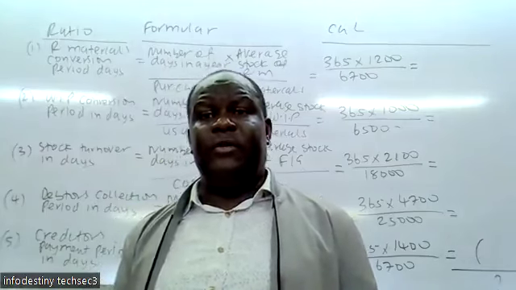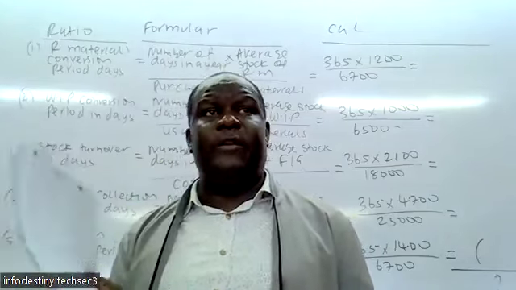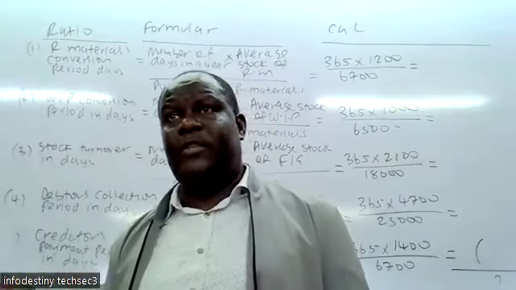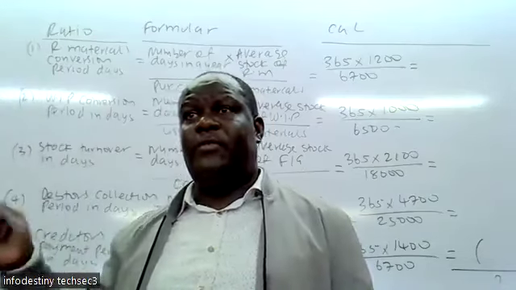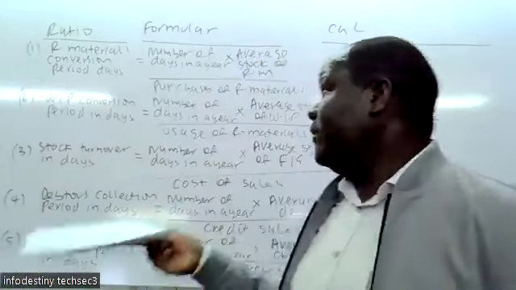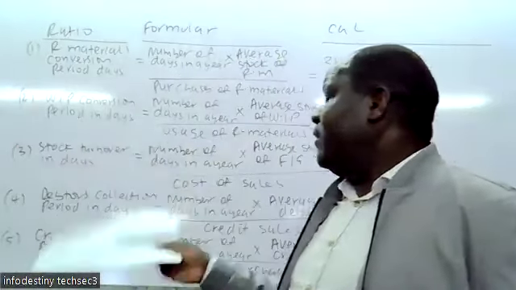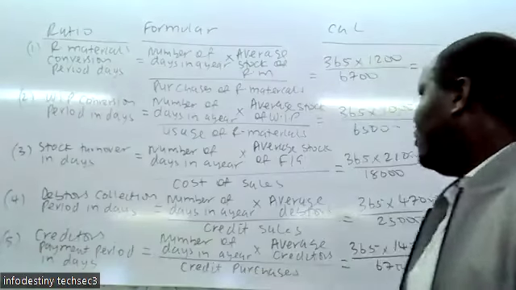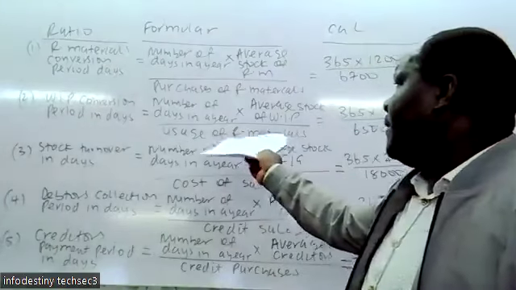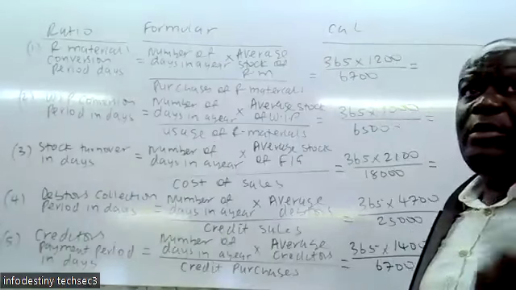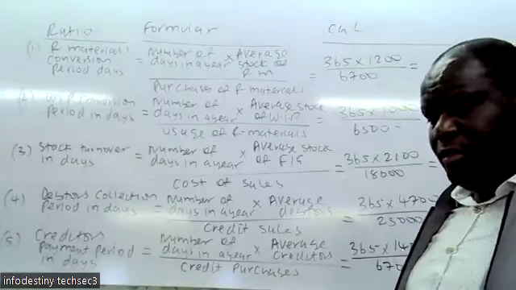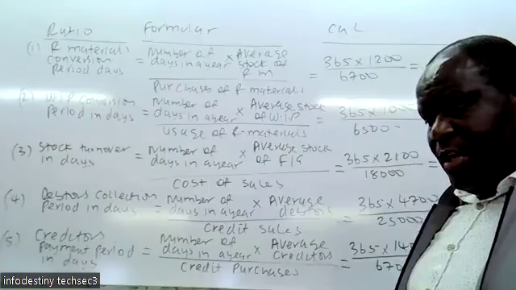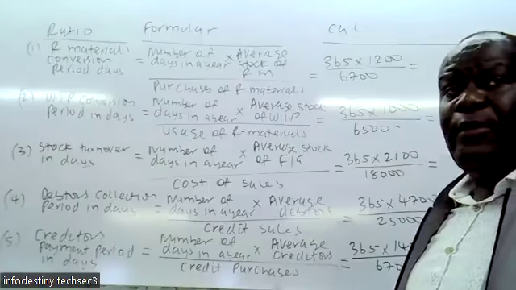Then you are supposed to divide by the usage of the raw material or the total production cost. That formula is what I started when I was giving you this one. So that part of the total production cost, you will be able to use it here as the usage or the production cost.